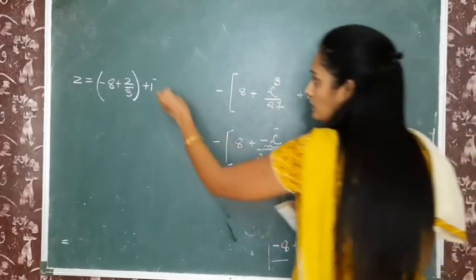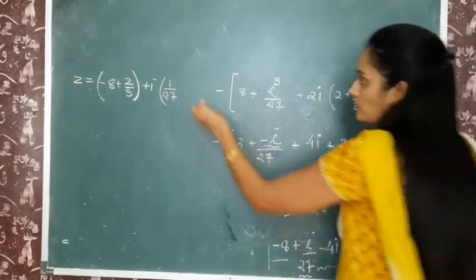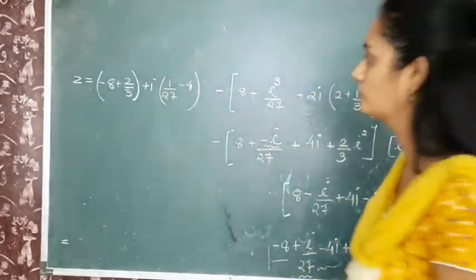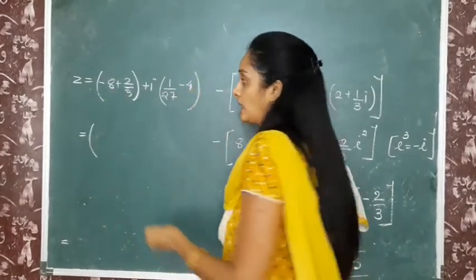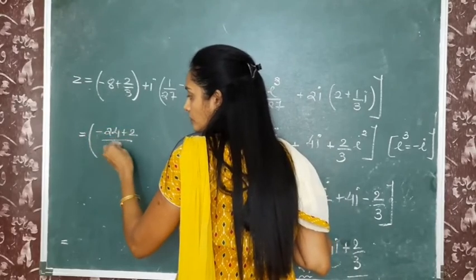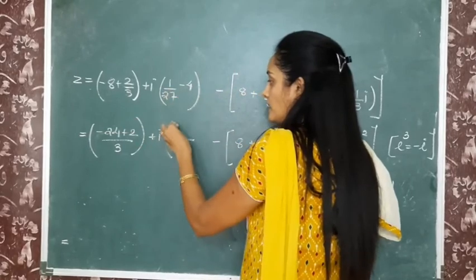So here 1 upon 27 minus 4, with 3 as LCM for the real part, i as it is, and 27 as LCM.